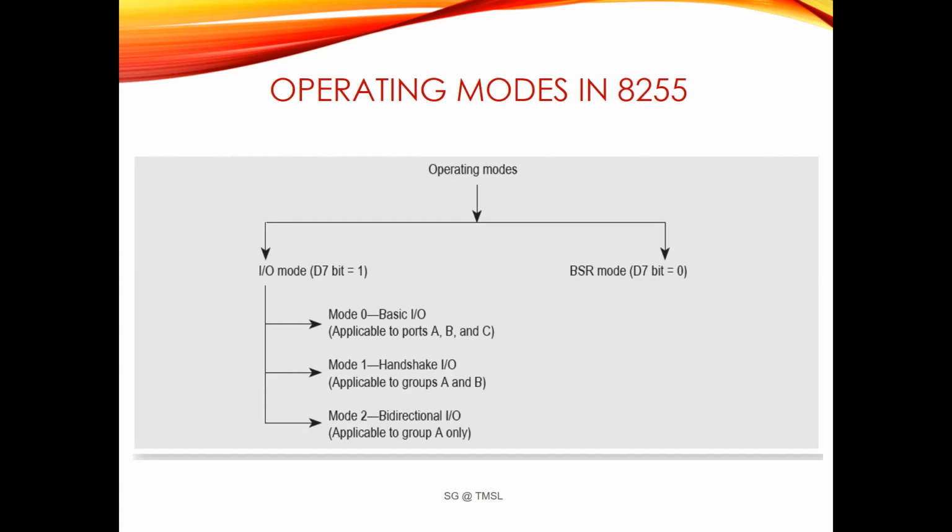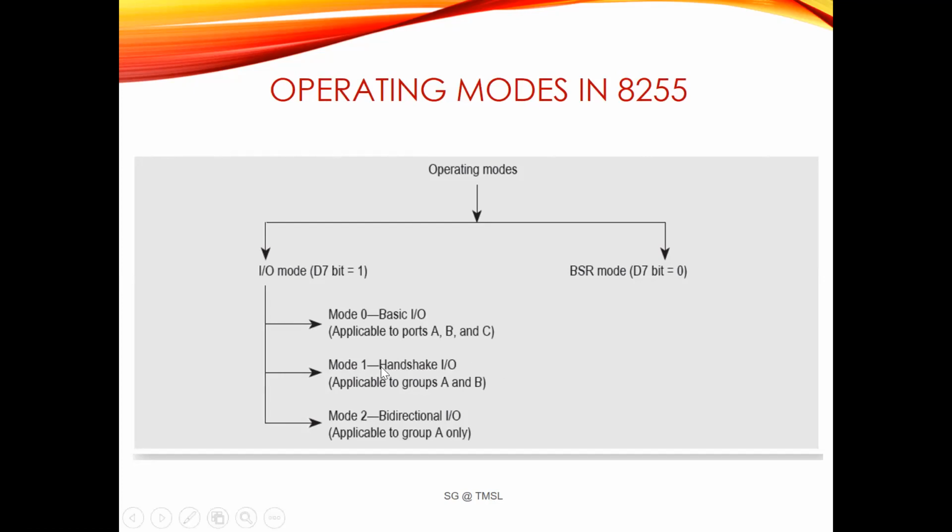Now there are two operating modes: one is the IO mode, another is the bit set reset mode. In IO mode, there are three modes for the ports. Mode 0 is called the basic IO mode, where all three ports A, B, C are available.